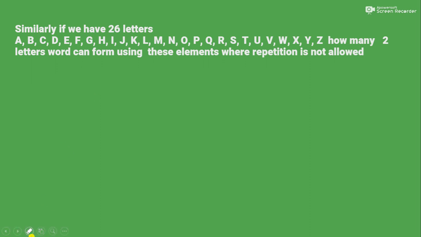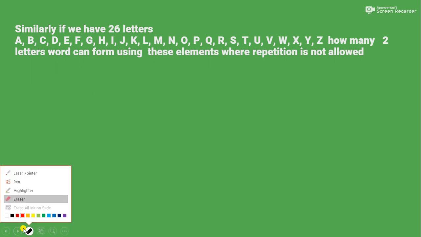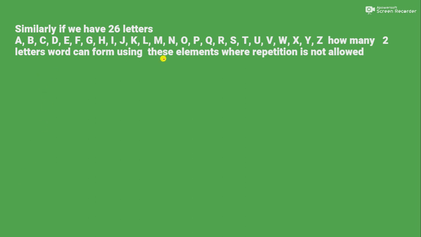In our previous video, we saw the concept of multiplication. Here we can use the multiplication principle. We have 26 letters, out of which we are selecting 2, and in these two we can't repeat the letters.